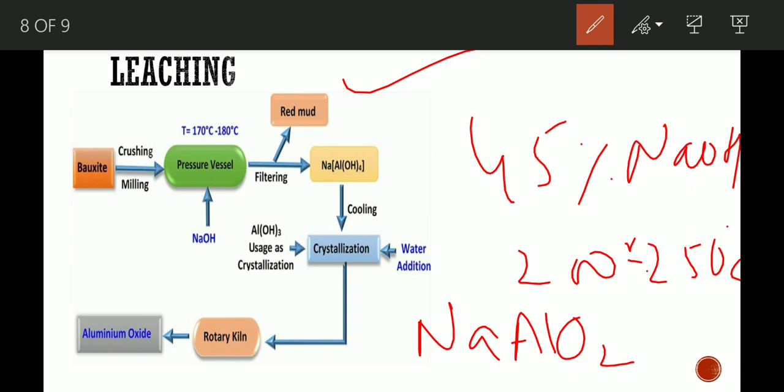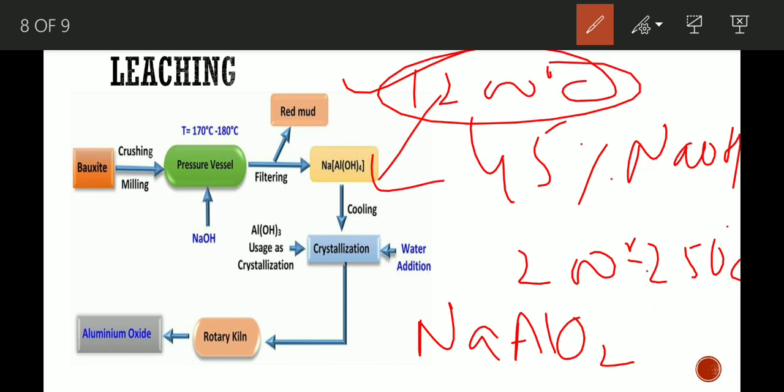PPT means precipitate form. The ignition temperature of aluminium hydroxide is 1200 degrees Celsius, and at this temperature it produces alumina, which is Al2O3.